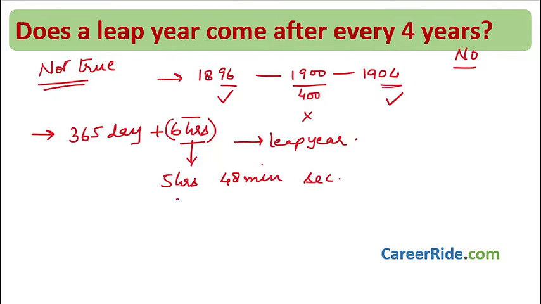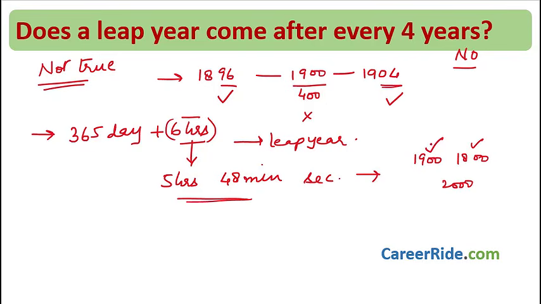And it was realized that over the years, this difference of approximately 12 minutes in hundreds of years really makes a difference. So it was decided that when we make the calculations, we will divide the century years like 1900, 1800, 2000 by 400, and that was the reason why century years, or not all century years, are leap years.